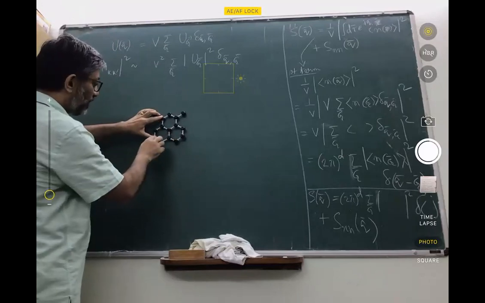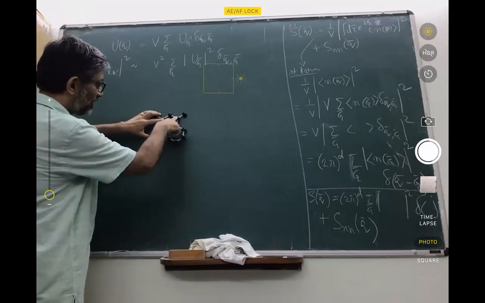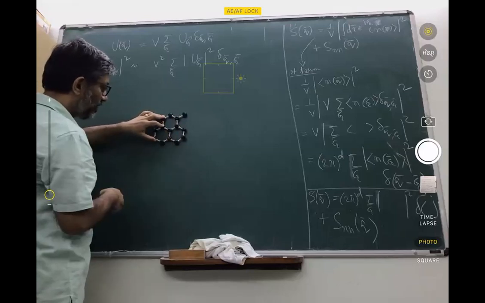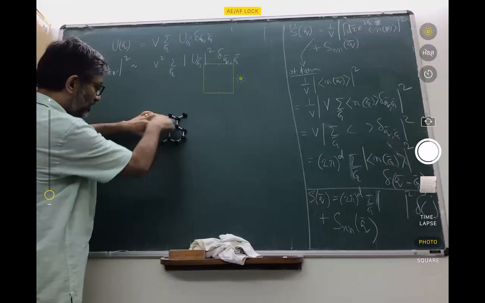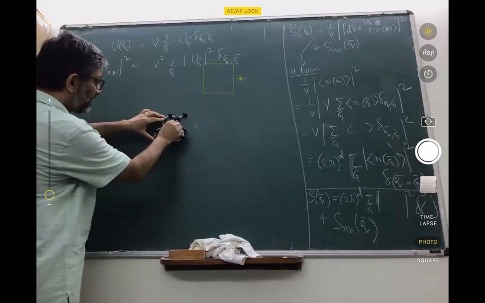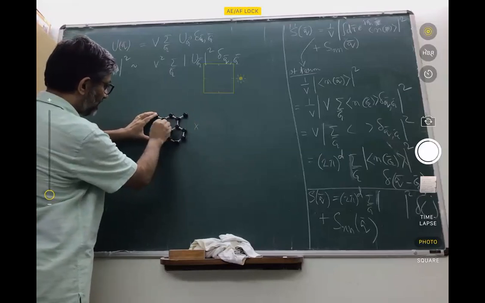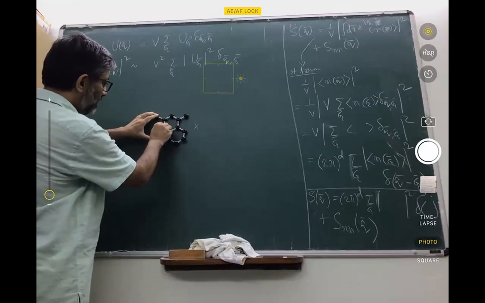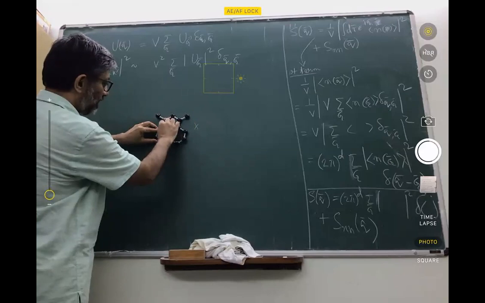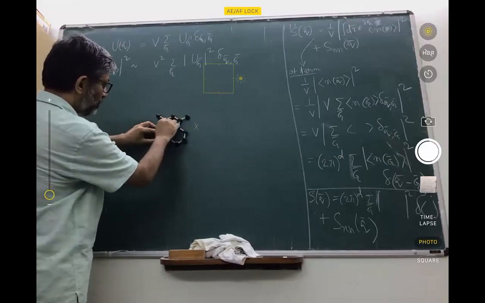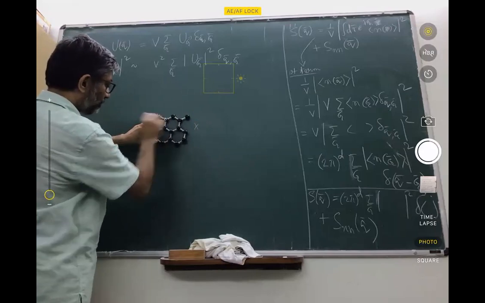What I had said is that if you are sitting at this atom or at this atom, the arrangement around them is not the same. So this is not a Bravais lattice. On the other hand, if I take this to be one of my lattice vectors and this to be another, then these two atoms would fall within the unit cell.